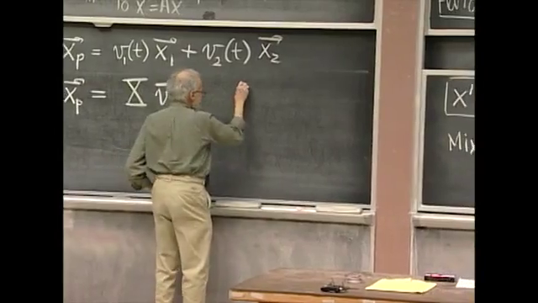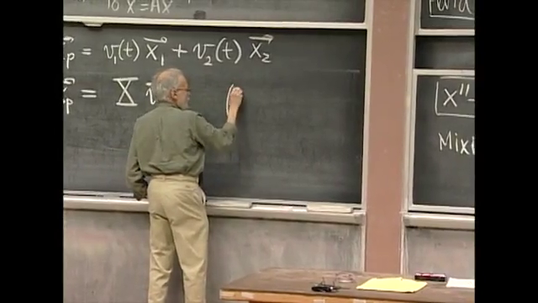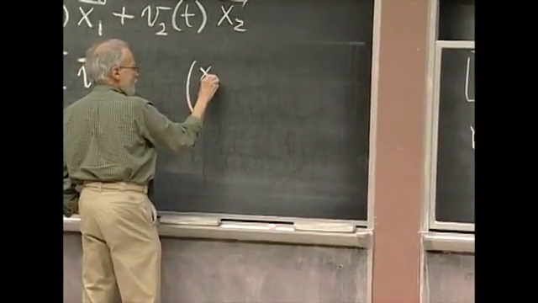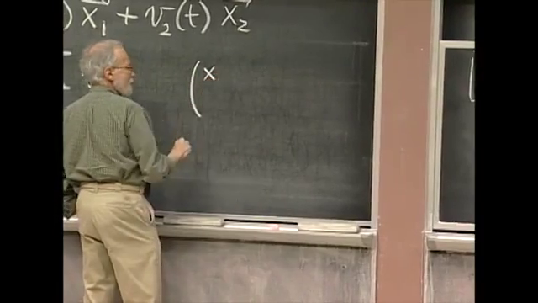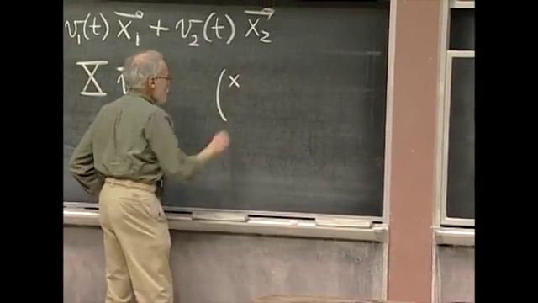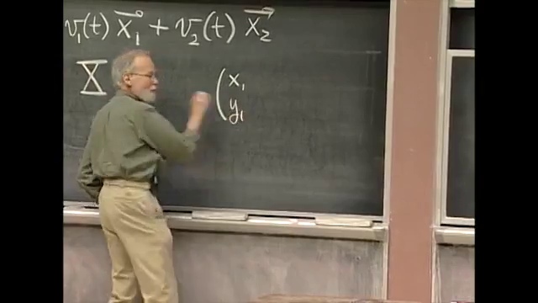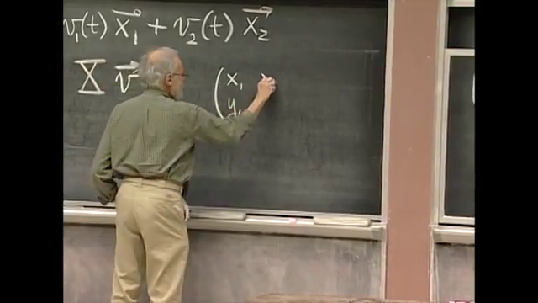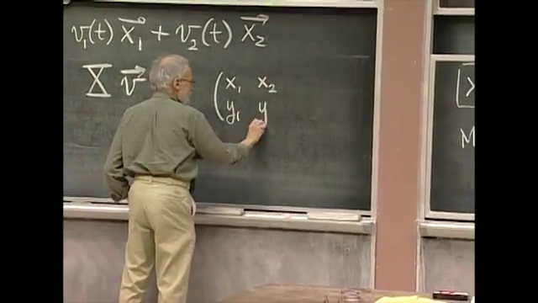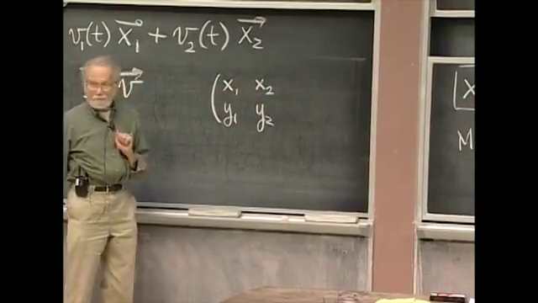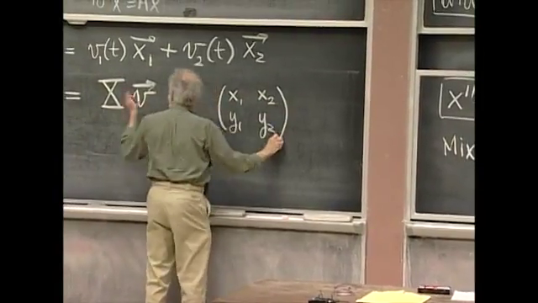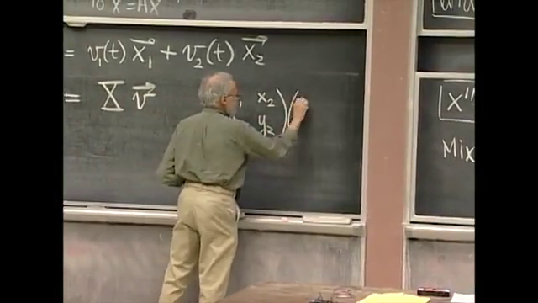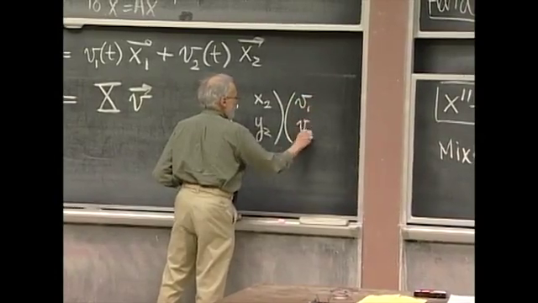Let's just take a second out to calculate. So look, the x is going to look like... I have no notation for this. Oh, yes, I do. So x1, y1, that's my first solution. My second solution, so here's the fundamental matrix, is x2, y2. And I'm multiplying this on the right by v1, v2. Doesn't it come out right?